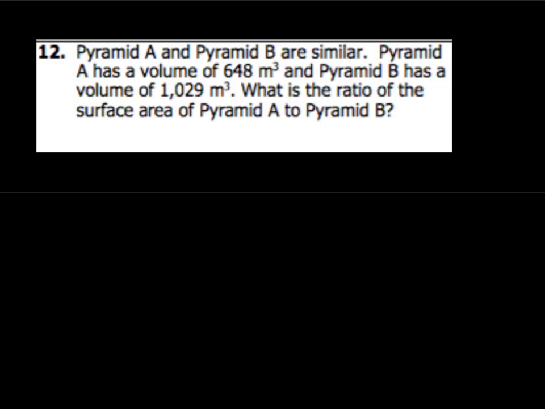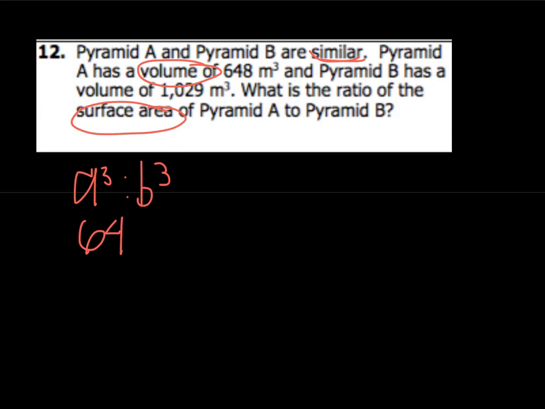Reading through this problem, pyramid A to pyramid B, they are definitely similar. That should tell you that it's going to be a ratio. We are given the volume, and we need to find the surface area. So let's go ahead and write down what we're given. We're given the volume, so that's going to be to the third power. And so the volume is 648 to 1029.